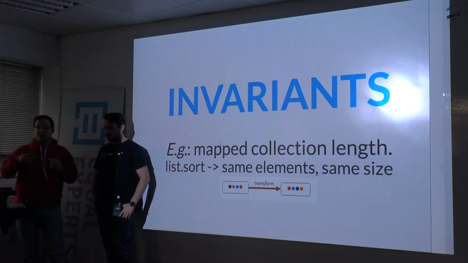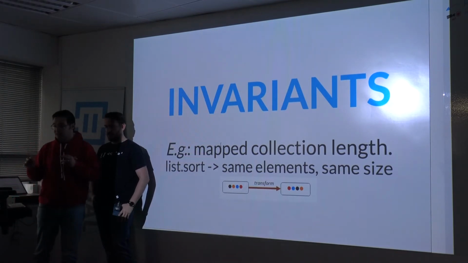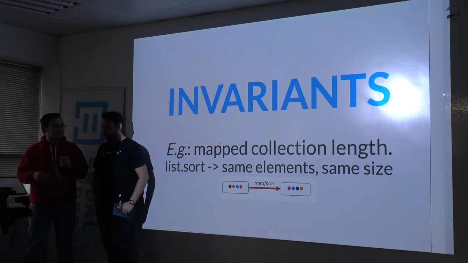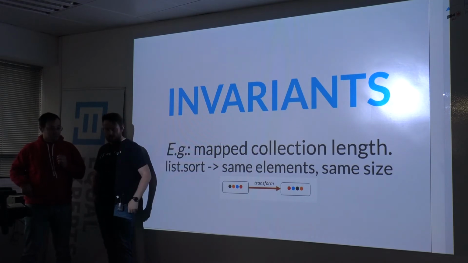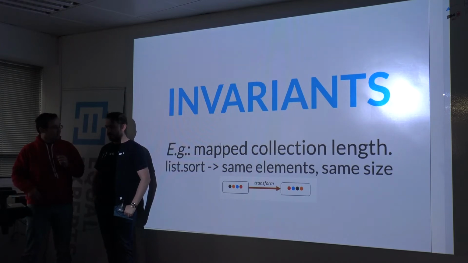When you're mapping over a collection, the mapped collection should have exactly the same number of elements. And the same elements too. Well, you might be transforming, right? If you're transforming over a list, it might be something different. So whatever invariants you can think of in your system, you probably could test with a property. Length is usually the easy one.